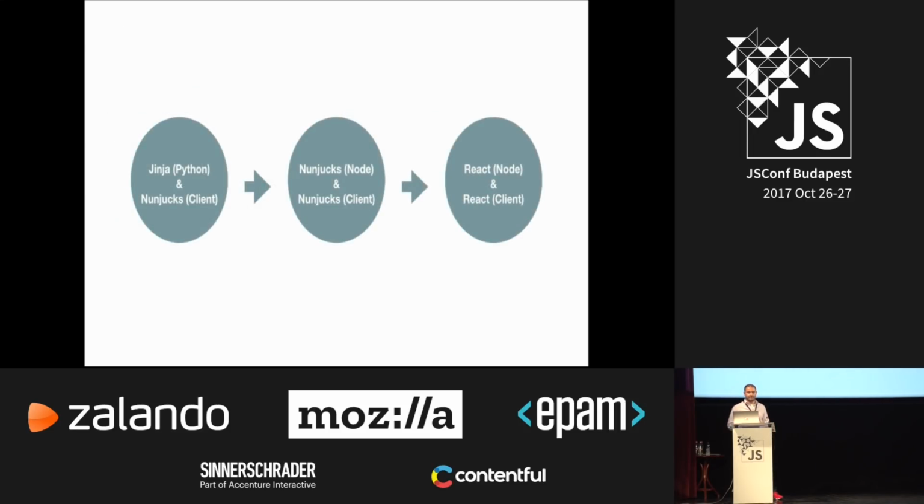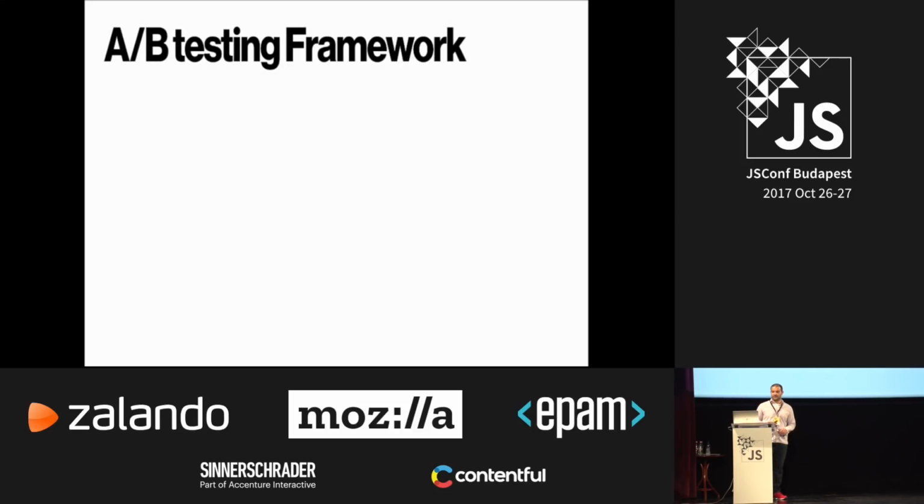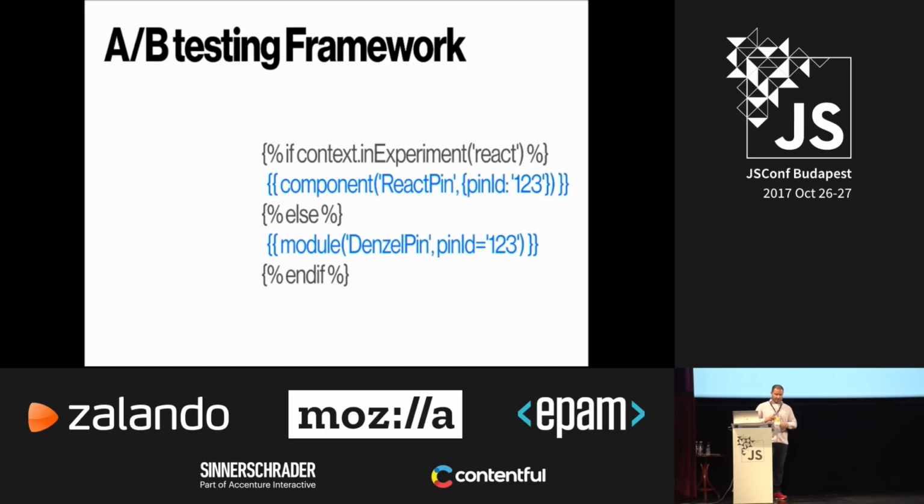So now we can render Nunchucks on the server. We can render React on the server and on the client. And now we can move forward and solve our last and fourth challenge. So now we're talking about UI experiments, and this is the most exciting part for me.